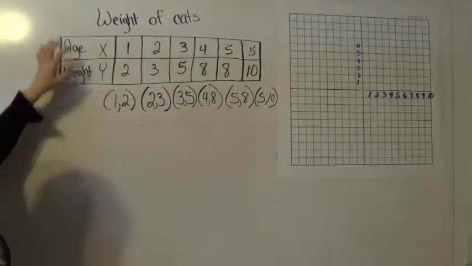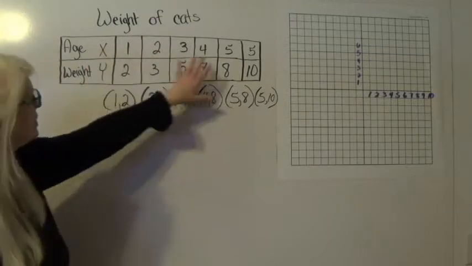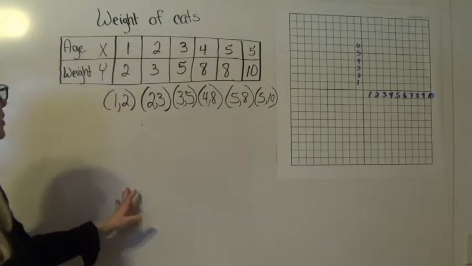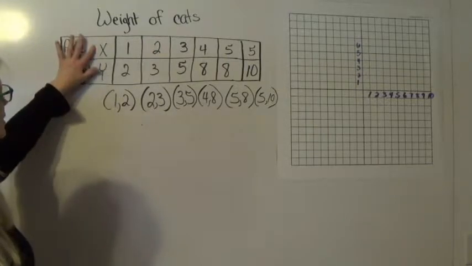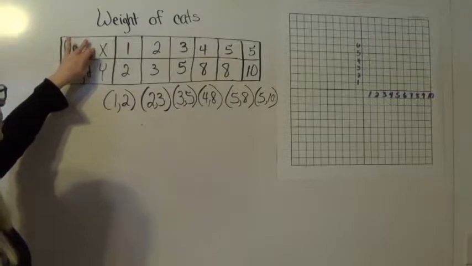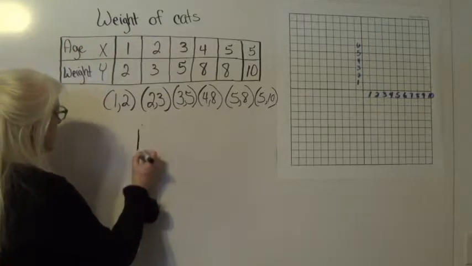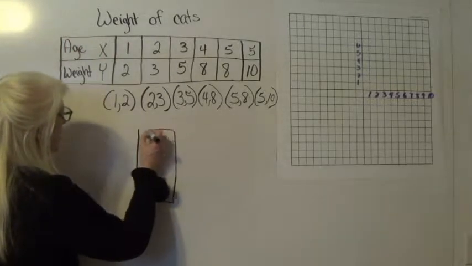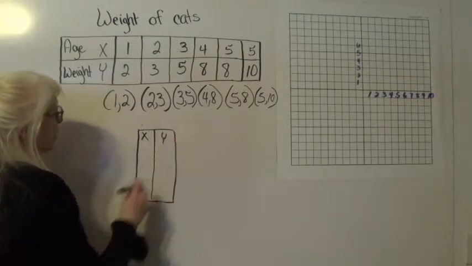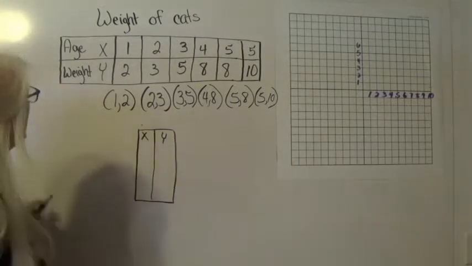They're just coordinates. Sometimes you're going to see the table written horizontally, sometimes vertically. But this is your x value, your y value. Usually your x value is on the top, or if your table is written vertically like this, then your x value would be on the left and your y value on the right.